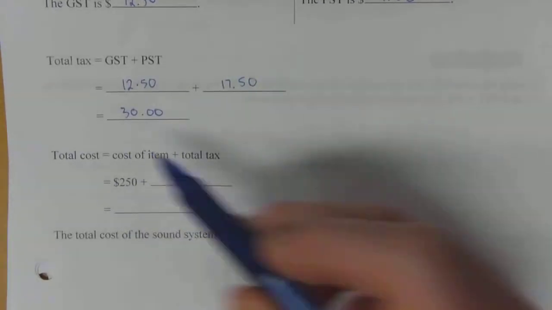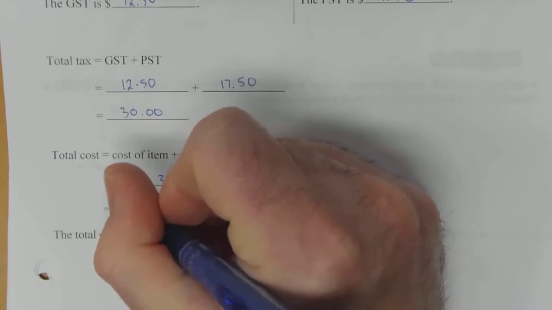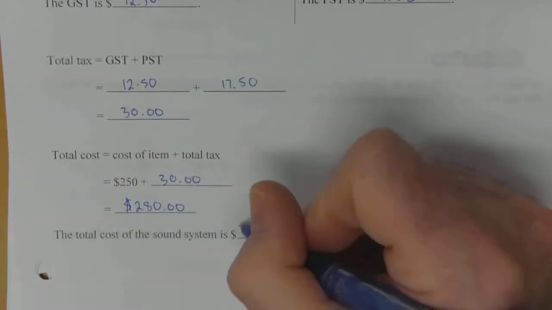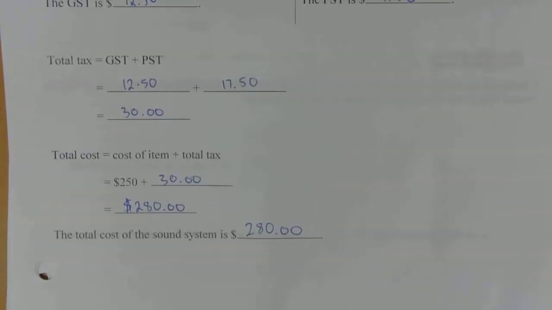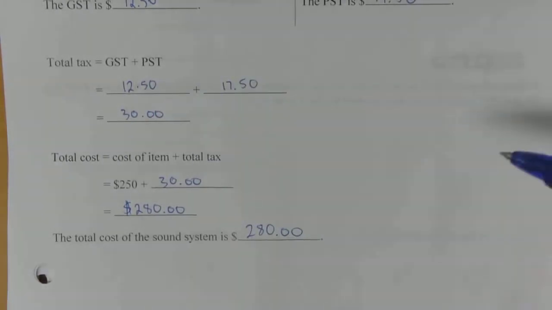So $250 plus 30 means that you actually need $280 to be able to buy that sound system. So that's one technique. Calculate your taxes separately and then add it all together. That's one strategy.